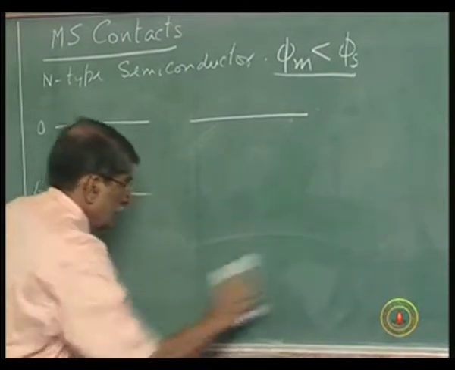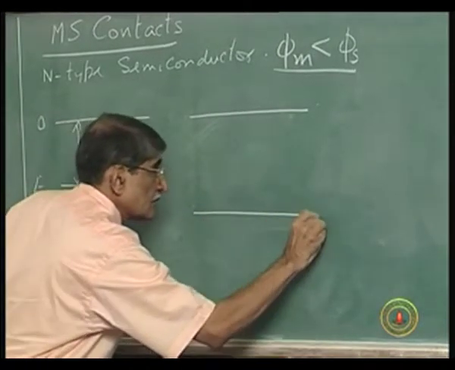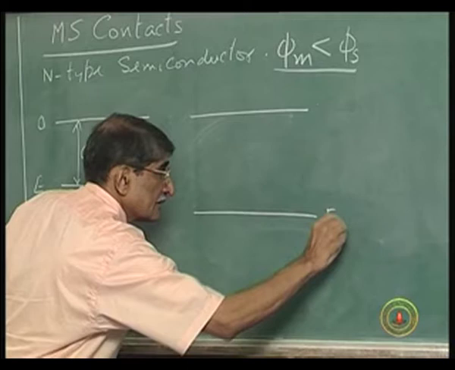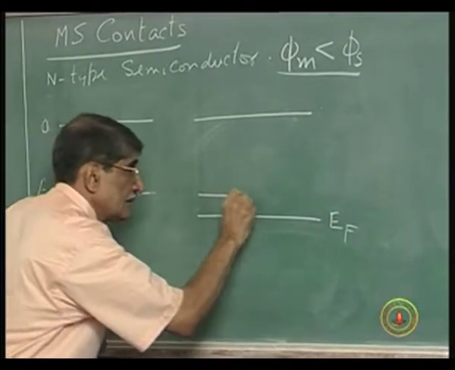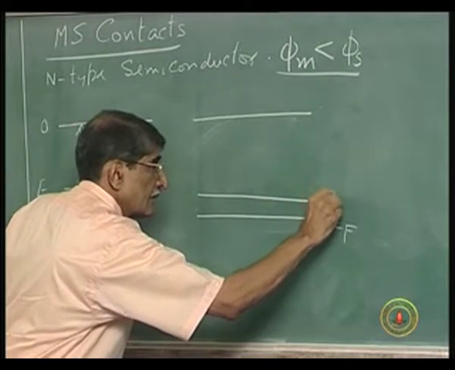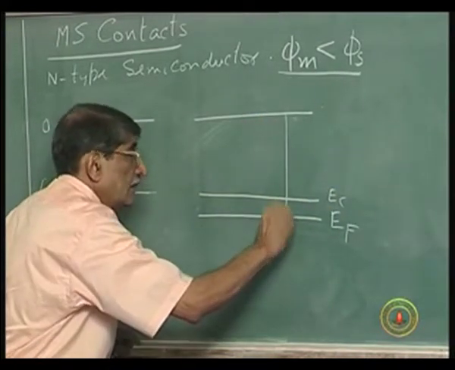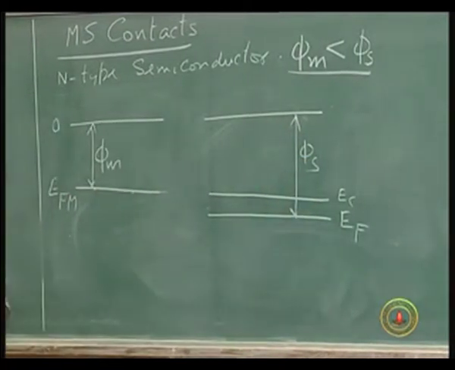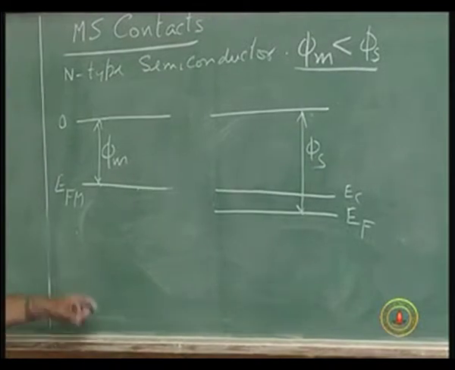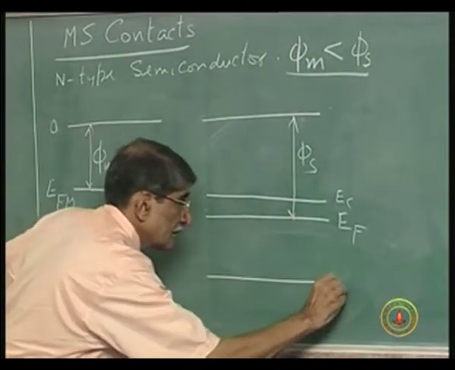Okay. I just show a small difference, and that is a conduction band. What matters is how much is that. Okay. That is n type material, then I have this E v.